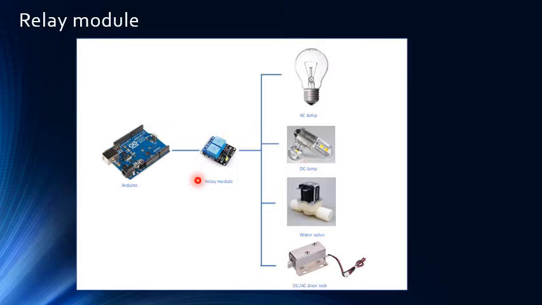Why? Let's say this already provides 5 volt, but maybe the lamp requires 12 volt. So if you connect the Arduino directly to the lamp, the lamp still cannot turn on. Okay, the same condition applies to the other example.